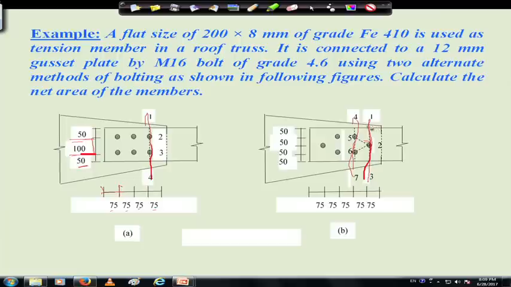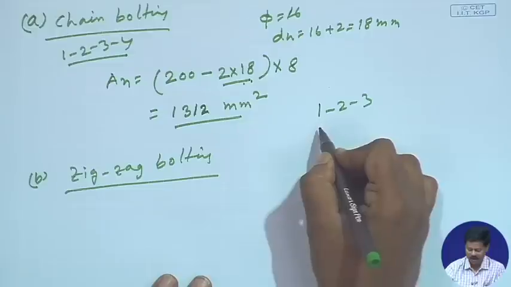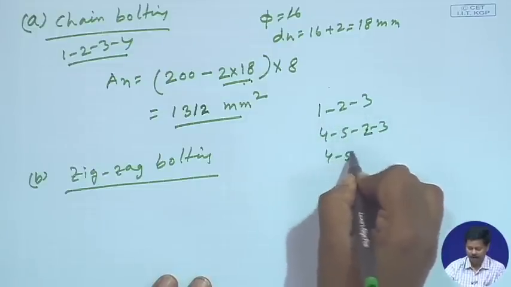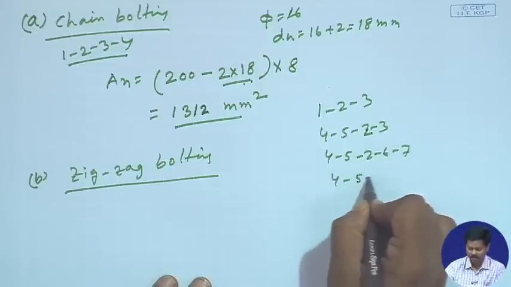Another case is it can fail 1, 5, 2, 3 and again 1, 5, 6, 7. So, there are several options. If we write down one by one, one will be 1, 2, 3, another will be 4, 5, 2, 3, 4, 5, 2, 6, 7 and 4, 5, 6, 7.